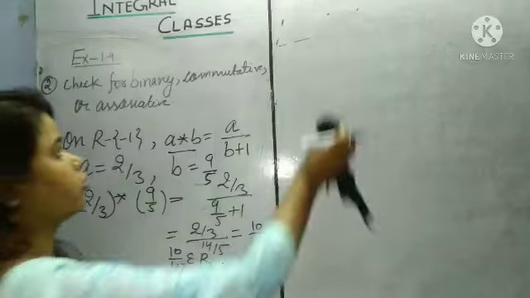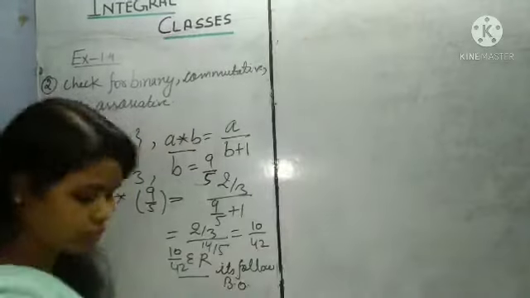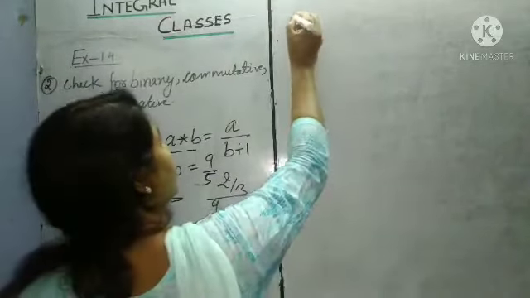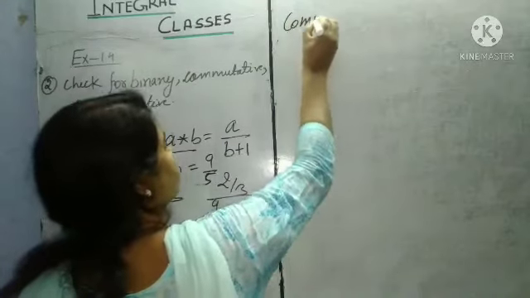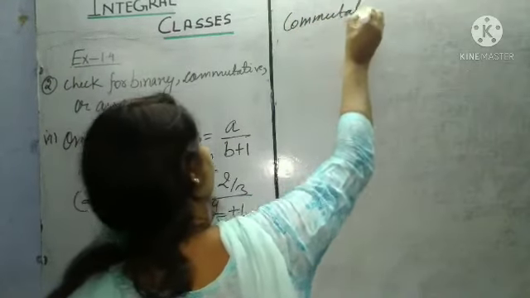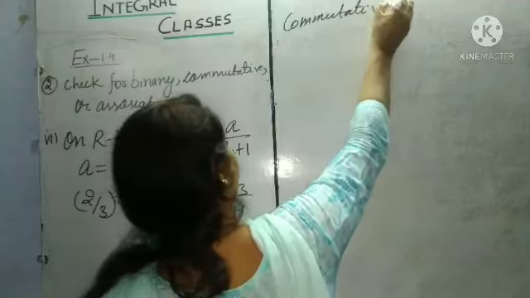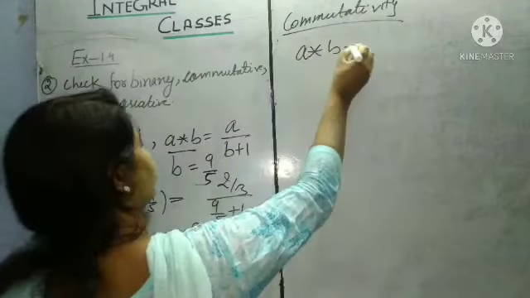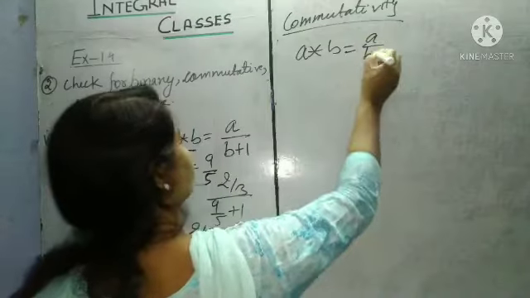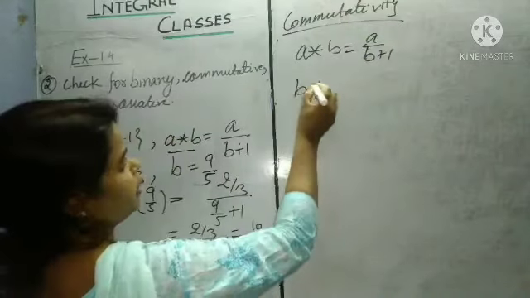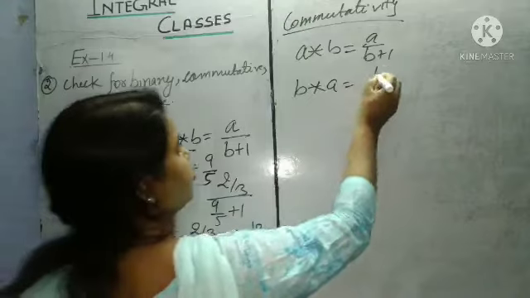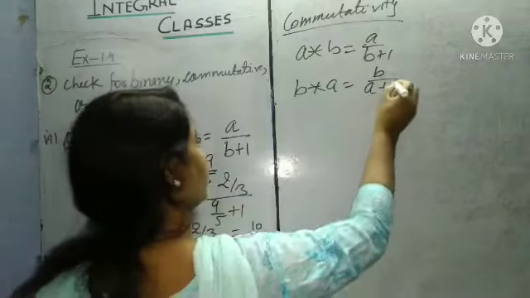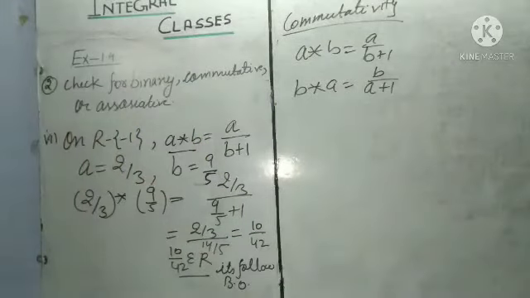Now for commutativity, we'll check here. It is A star B equal to A upon B plus 1, and B star A equal to B upon A plus 1. Are they equal?